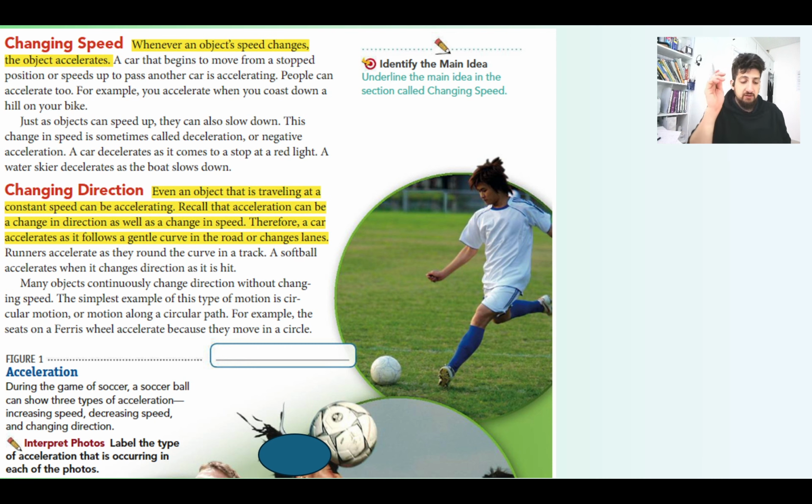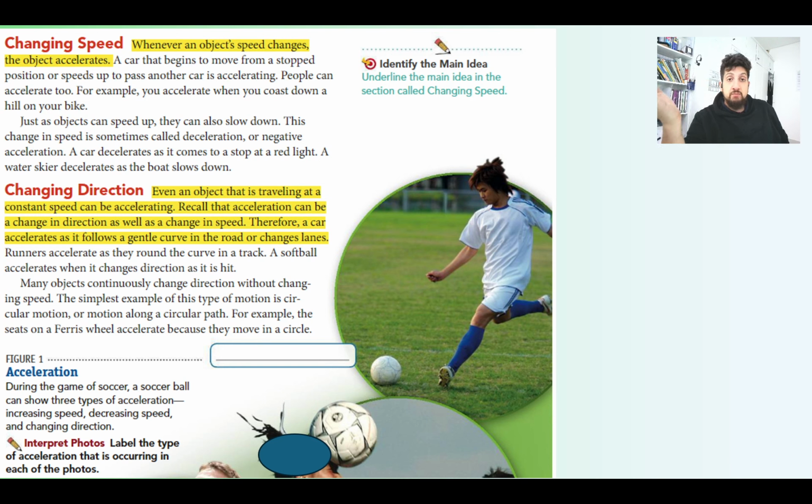So here we have an example of changing speed. Okay. So whenever an object's speed changes, the object accelerates. Whenever its speed changes, it accelerates. So that means if it goes from 0 to 100, it's accelerating. But also if it's going from 100 to 0, it's accelerating. We call it deceleration.